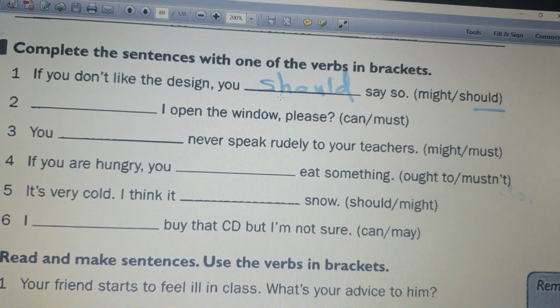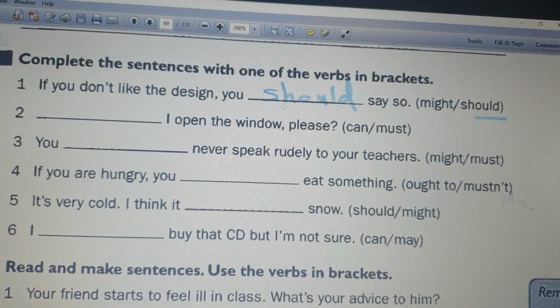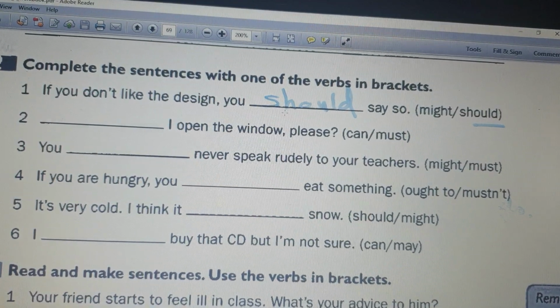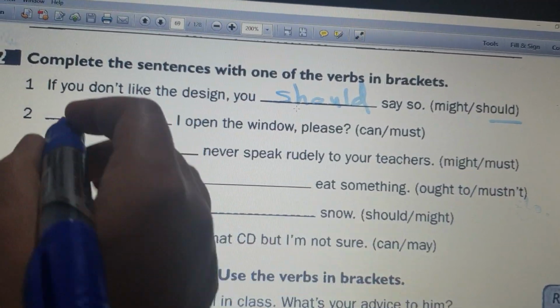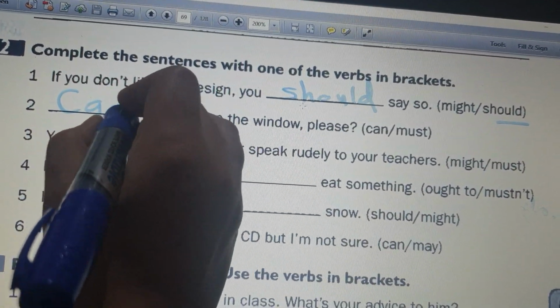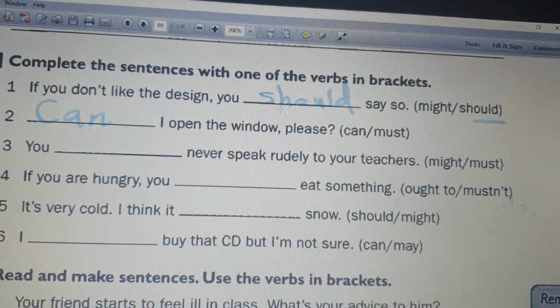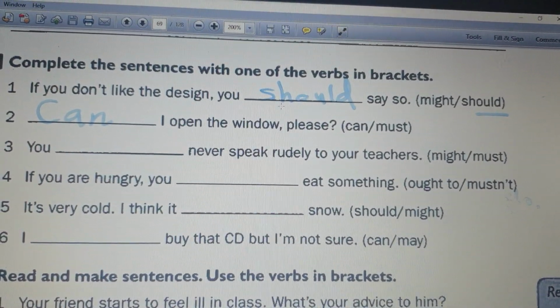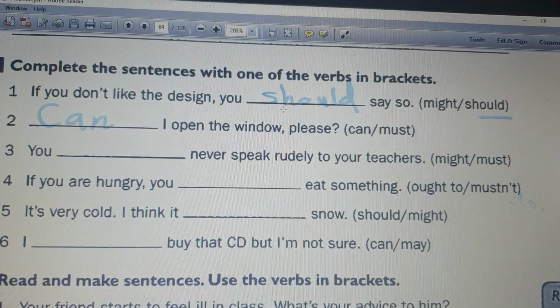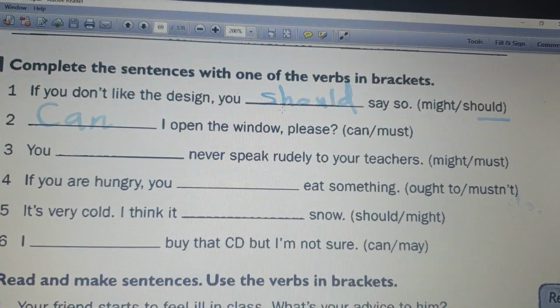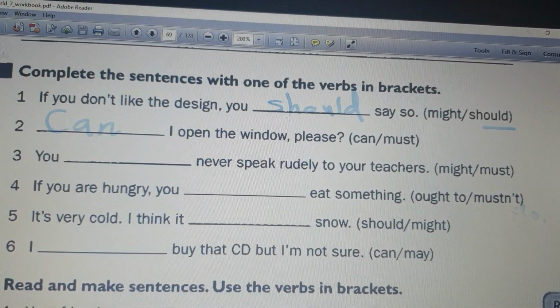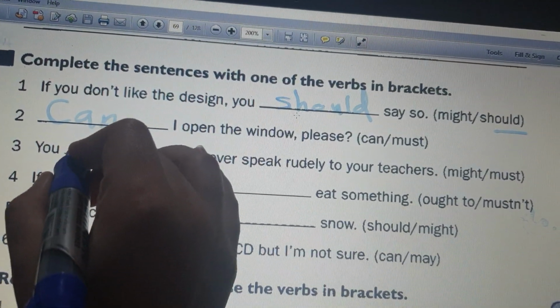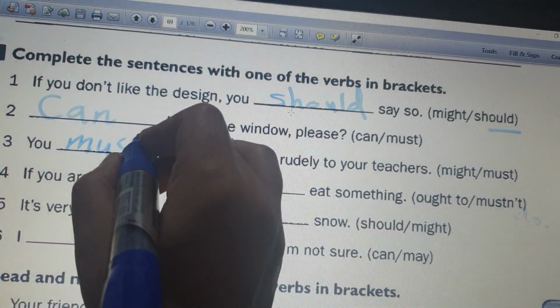Say so. Number 2, I open the window, please. Can or must? We are asking, it's a request, so we use can. Number 3, you never speak rudely to your teachers. Might or must? You must never speak. It's an obligation.